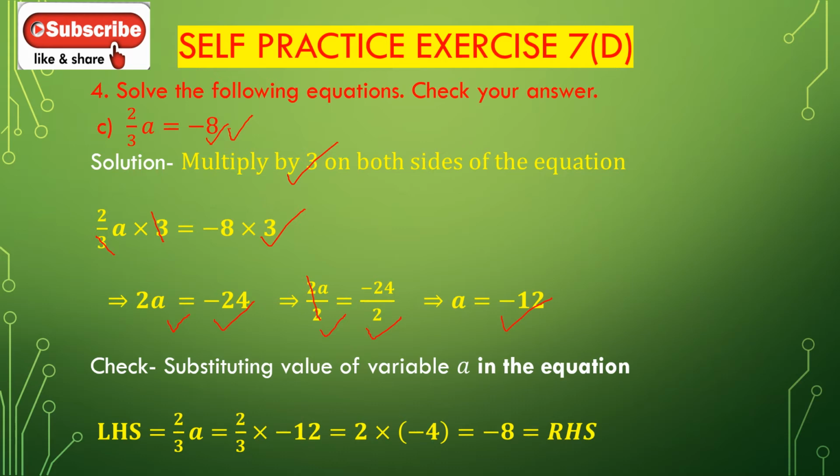Substituting -12 in place of a, we get 2 divided by 3 multiplied with -12. Now cancelling 3 with 12, we get 4. Now multiply 2 with -4, 2 multiplied by -4, and we get -8, which is equal to the right hand side of this equation.